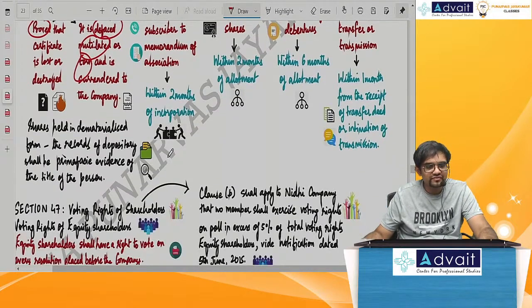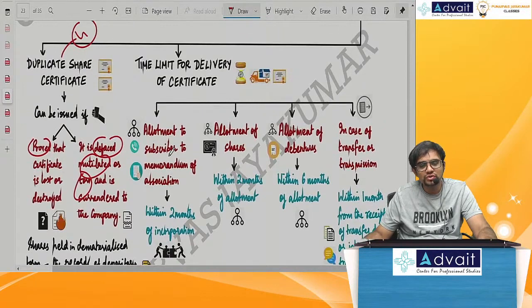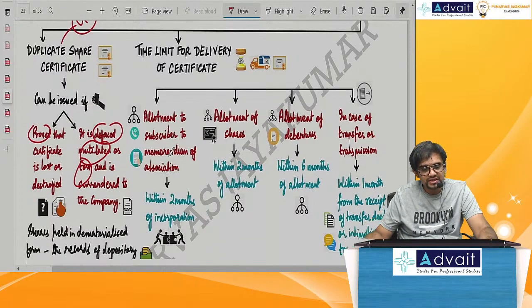In that case, I can definitely go and obtain a new share certificate. For that, I have to give an affidavit, more like a bond, a contract of indemnity, an indemnity bond sort of thing, whereby if something happens to it tomorrow, I am hereby indemnifying the company against it.